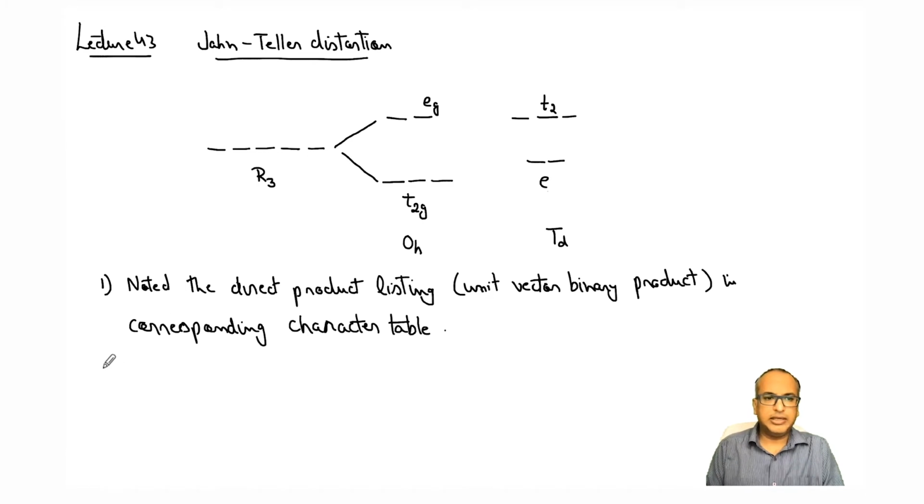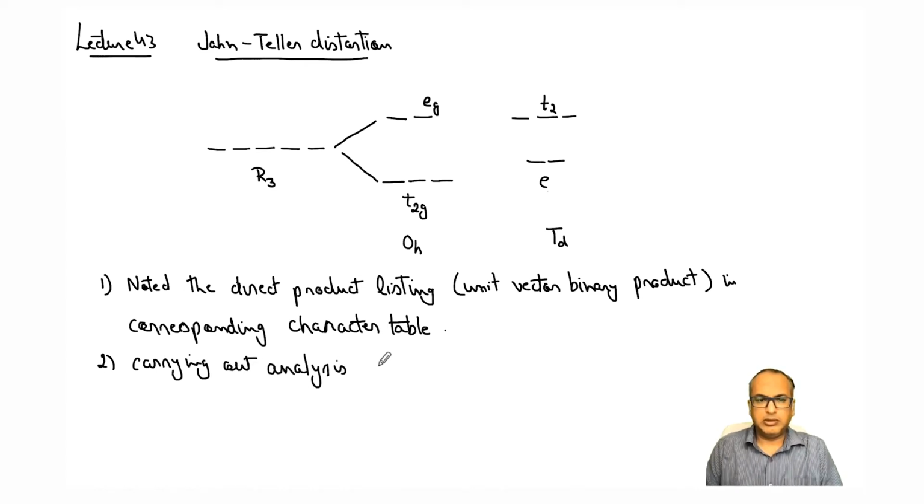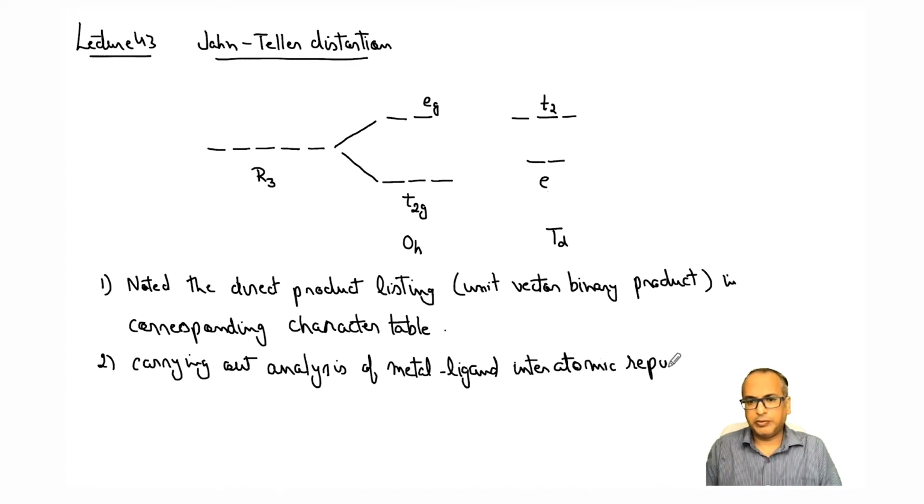Right? And the second step was, we first noted down the direct product listing, and then we carried out the analysis of metal ligand interatomic repulsion produced by the corresponding geometry.